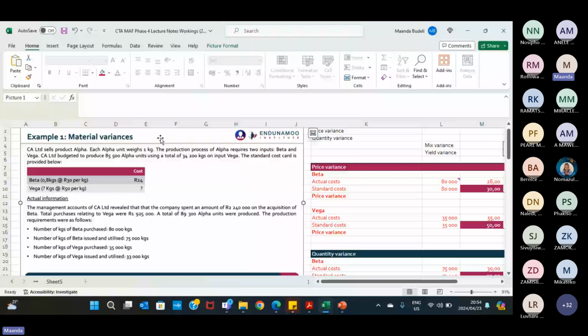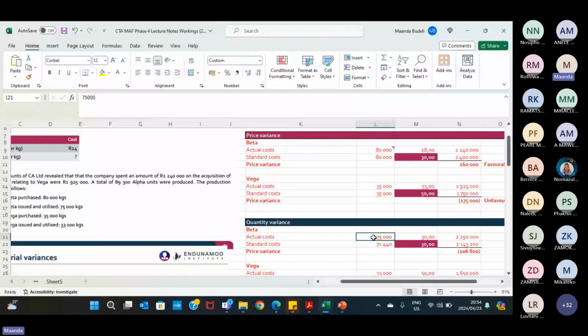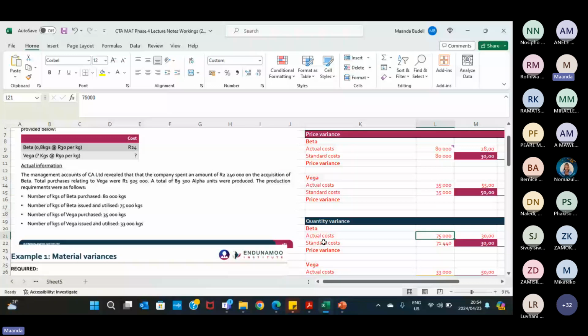I need to go to what I've produced and say, okay, I know I use 0.8, so let's use what you have produced, right? Let's flex it to what you have produced so that I can be in a position to say, after I flexed it, you used 75,000 for the same number of kgs, or the same number of units.